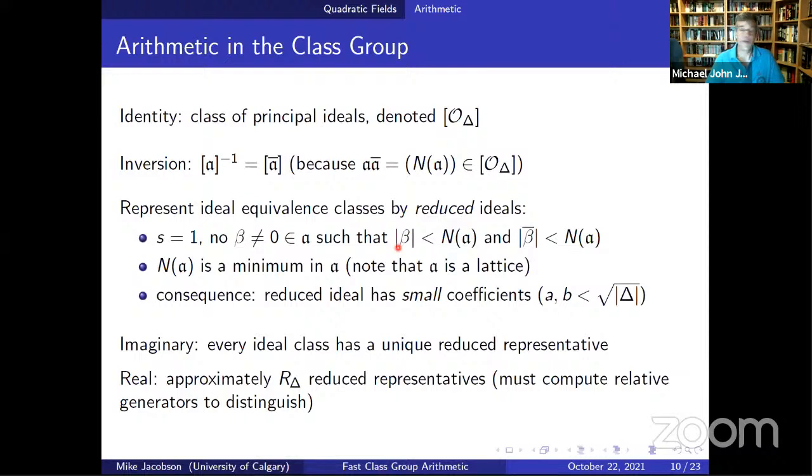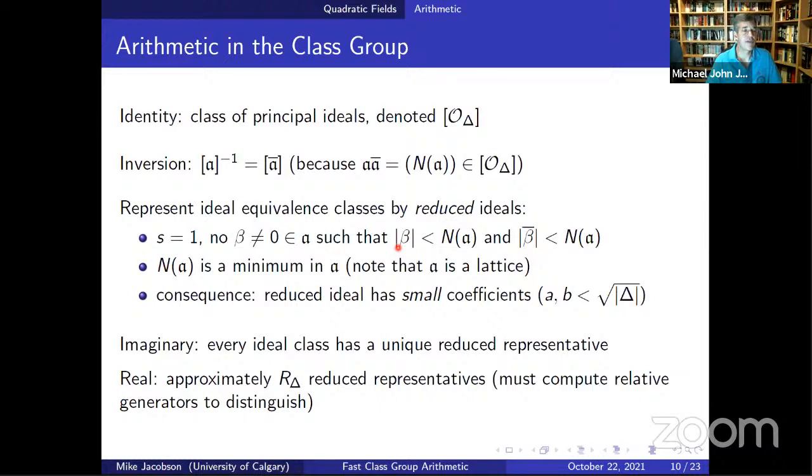Now, if you run with that, it gets even better. So if you look at the imaginary case, if you're careful and precise about how you define reduction, there's a little bit of ambiguity that can arise from this basic notion. But if you deal with that, then you can say that every ideal class has a unique reduced representative, which is great for computation. That means to do arithmetic in the class group, I find my representatives of the two classes, the unique reduced ideals, I multiply those together, and then I find the unique reduced ideal equivalent to that one, and that gives me a canonical representation of the product of the two inputs.